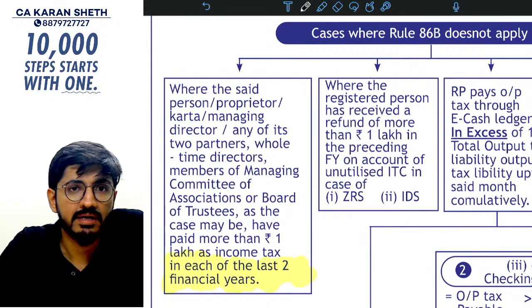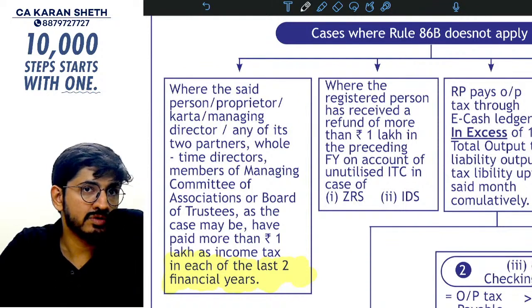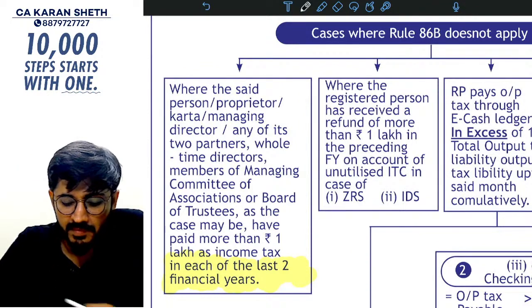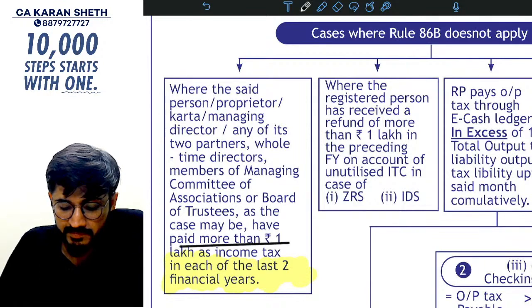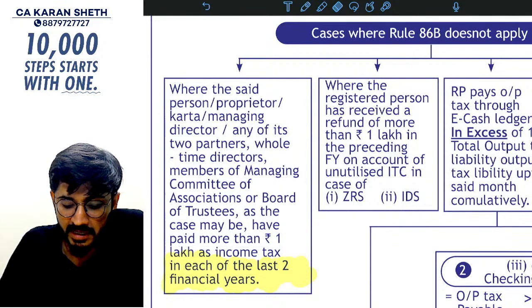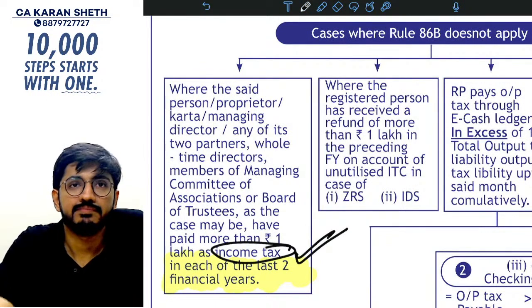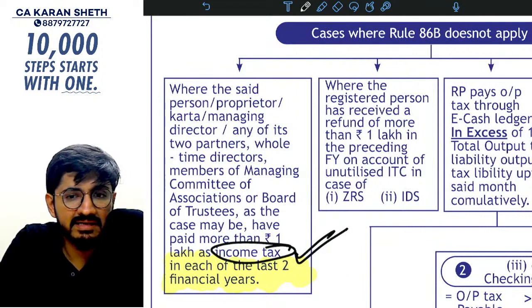Is that very clear? In each of the last 2 financial years, he has paid income tax, not input tax, he has paid income tax. Did you get that, guys?